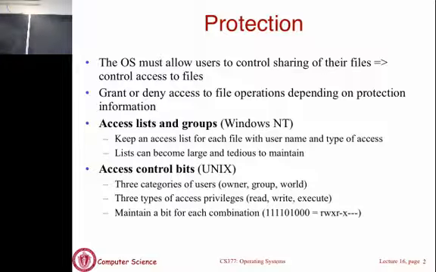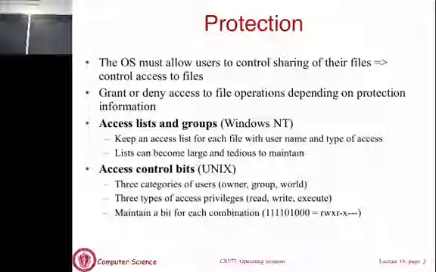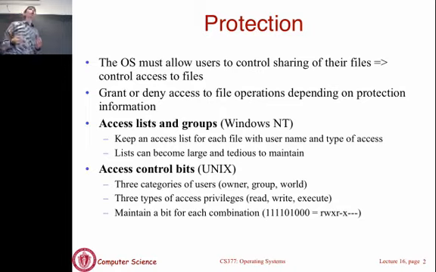So those are the three categories. There's the user itself, and then there's the user's group, which includes the user and is a superset of that. And then there is everyone, all users on the system. We're going to store whether the user, the group, or everyone can read, write, or execute the file.